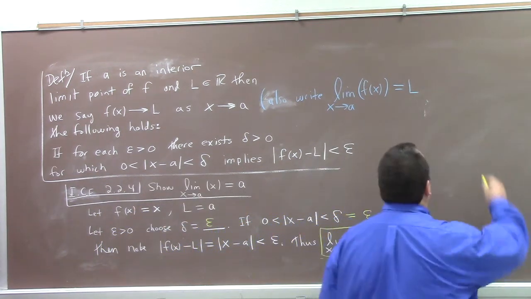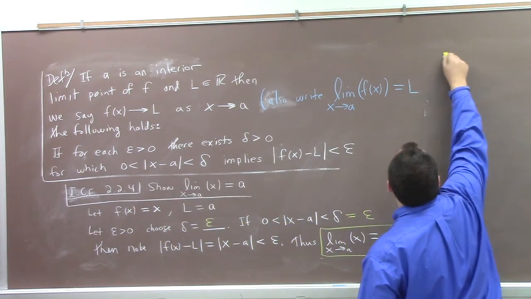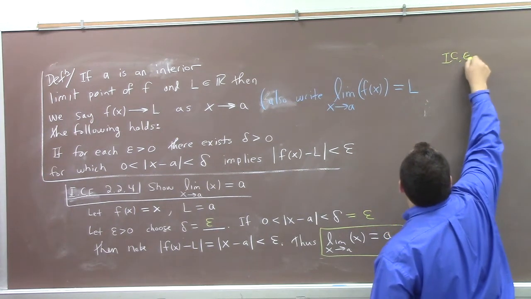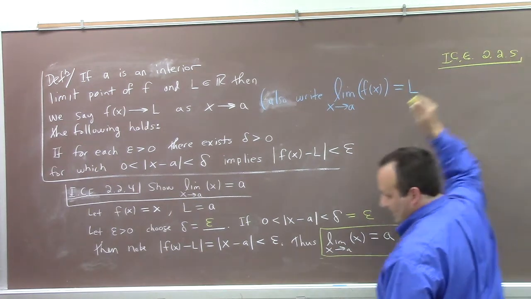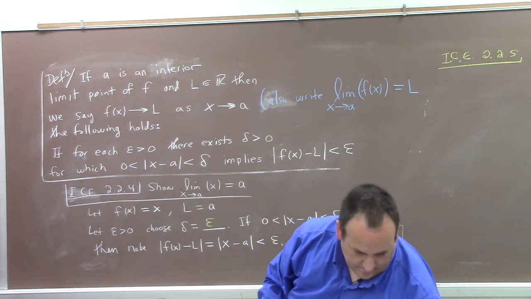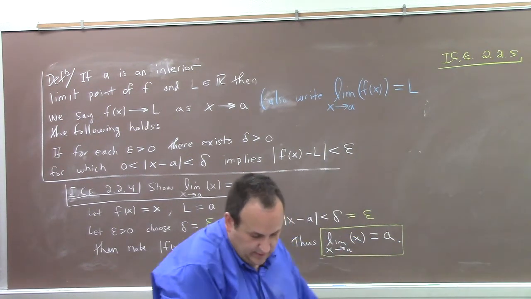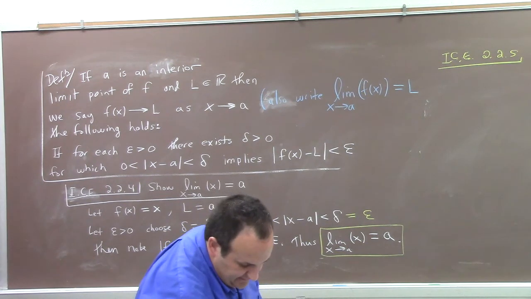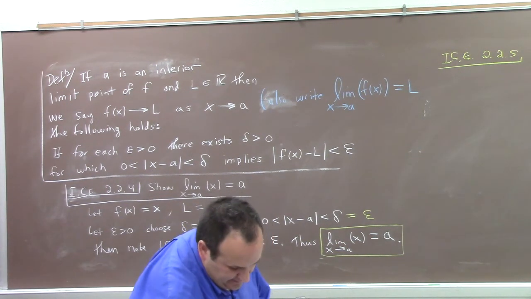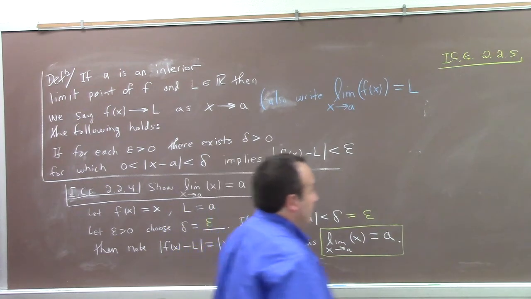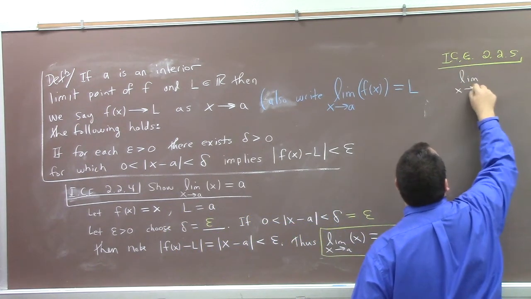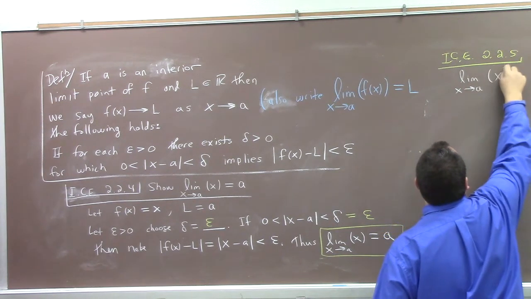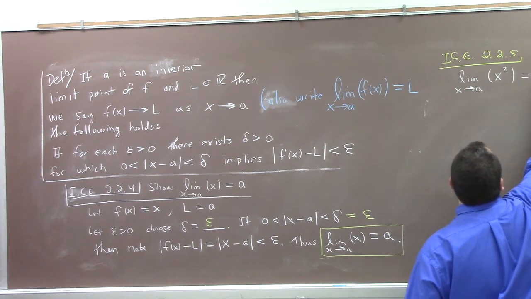How about this one? The next one, 2.2.5. Now we're supposed to try to show that the limit as x goes to a of x squared is equal to a squared. Can we show this?